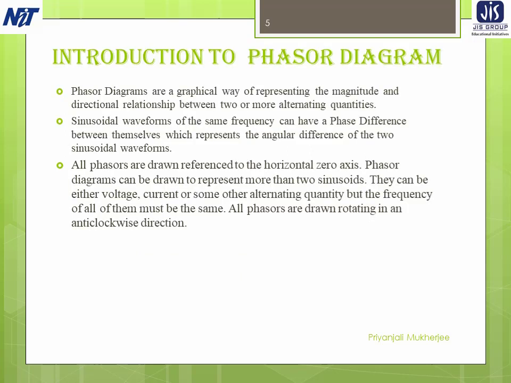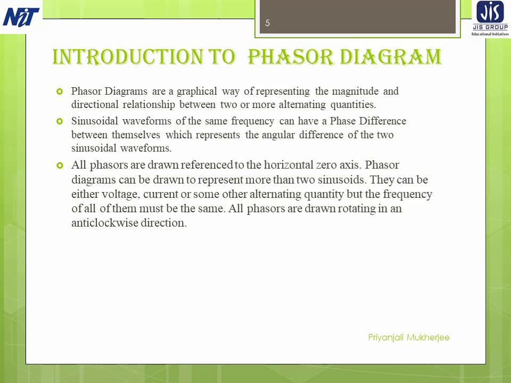So we have already pointed out that it is assumed that alternating voltage and currents flow in a sine law, and generators are designed to give EMFs having the sine waveform. Now this assumption makes the calculation simple, and the method of representing alternating quantities by waveform or by the equation that gives the instantaneous value is quite cumbersome.